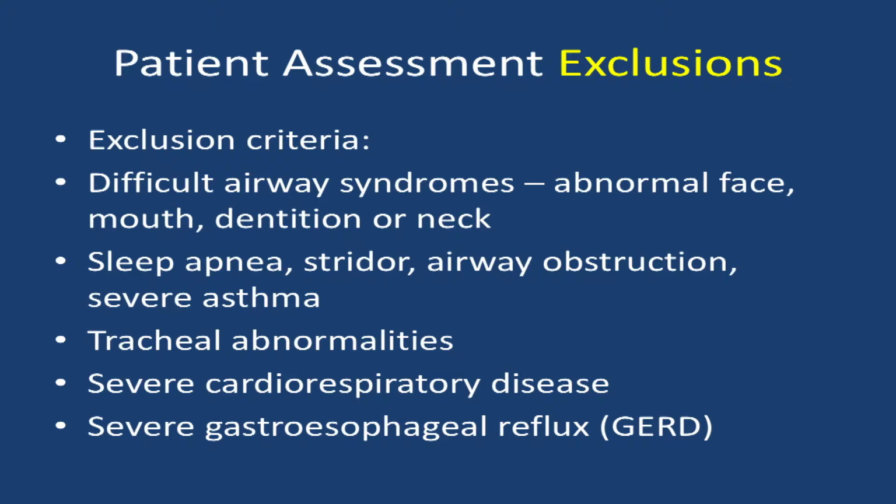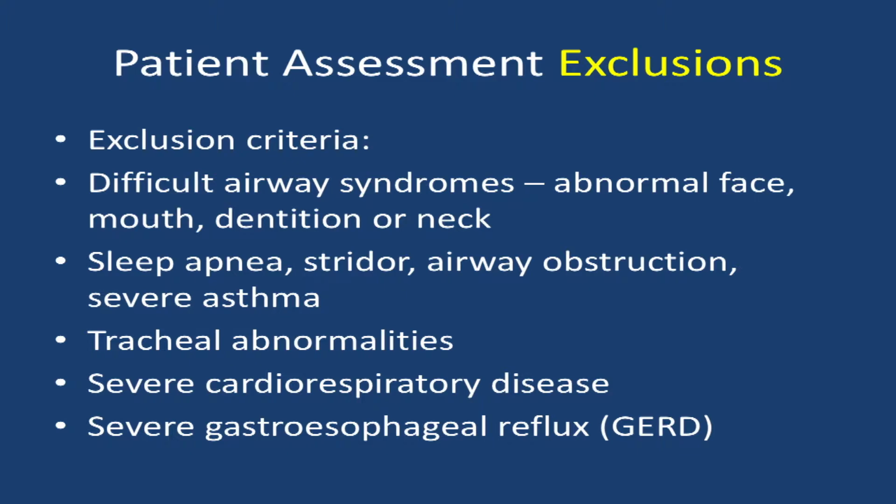Is severe asthma present? If so, then apnea is a possibility. Are there any tracheal abnormalities? Is it allowing insertion of an endotracheal tube? Is there severe cardiorespiratory disease, either congenitally or acquired?